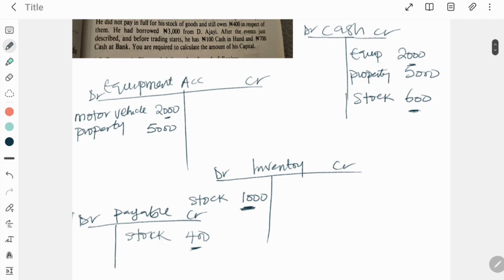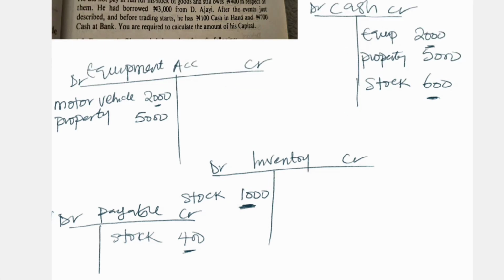So let's move on. The question went on to say that 3,000 naira was borrowed from Ajayi. So you ask yourself, where am I going to record this loan that we borrowed from Ajayi? A loan is a credit balance, right? This money does not belong to us.